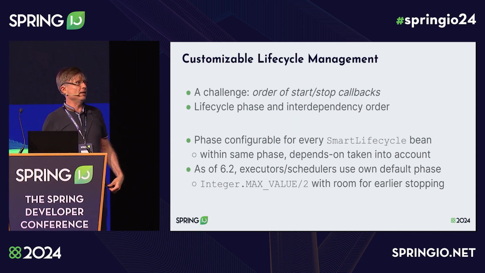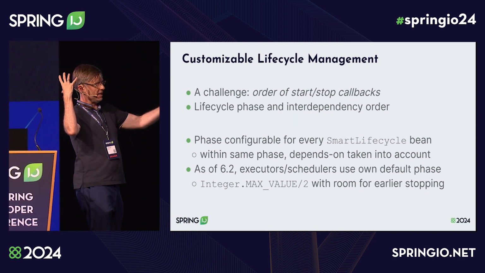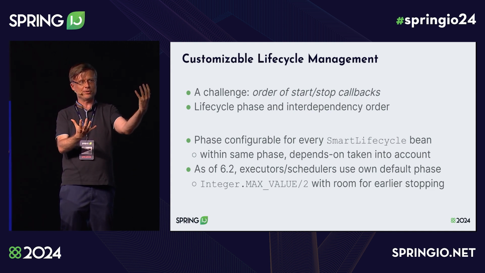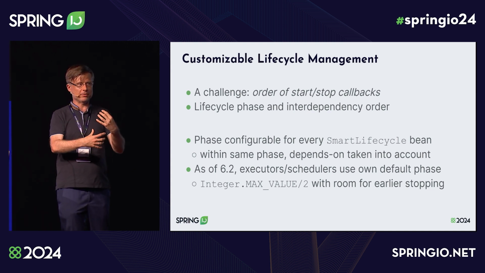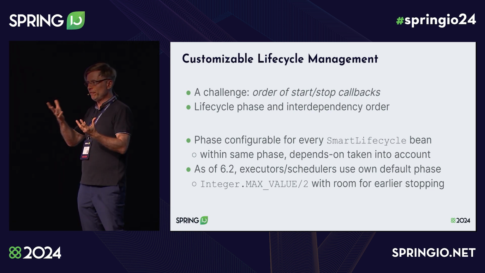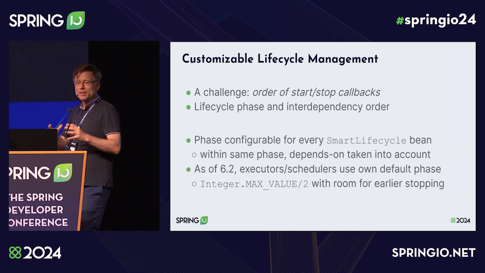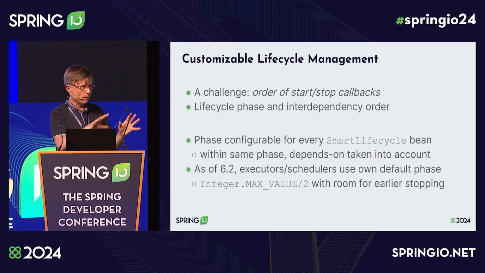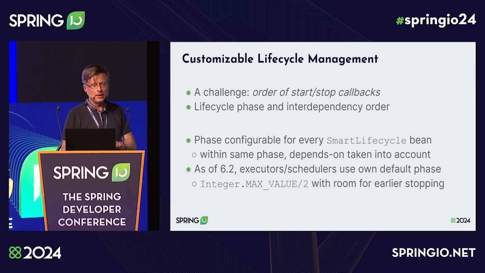Say you have a message listener container and a general thread pool: are you going to stop the message listener container first or the thread pool first? That's implicitly determined by the phase value attached to those. We have default phase values, so usually you don't need to worry because the defaults just work it out for you.